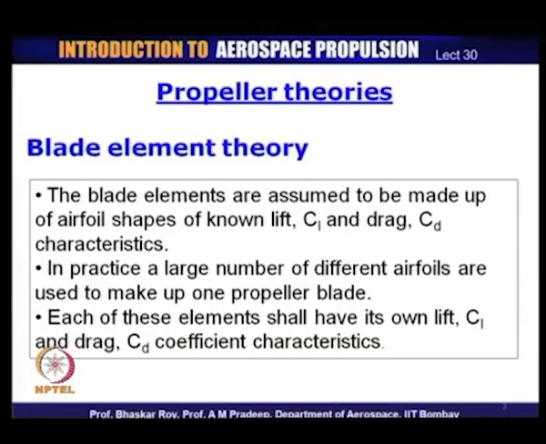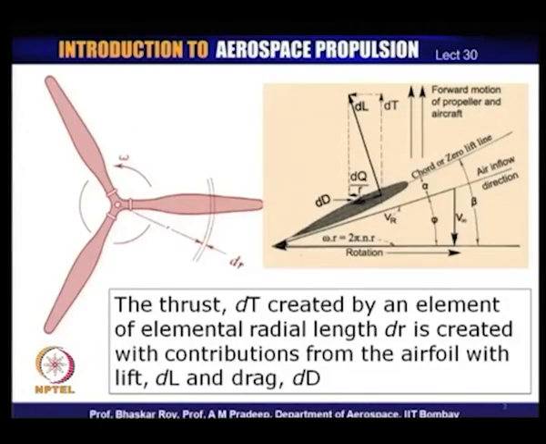And each of these elements has its CL, CD characteristics, and in addition, as I just mentioned, its incidence range, which is built into the shape of the propeller that is being deployed over here. Now, let us look at the various flow geometry and the flow parameters that every blade section can be said to be dealing with.